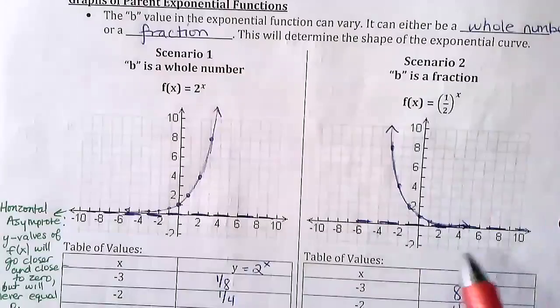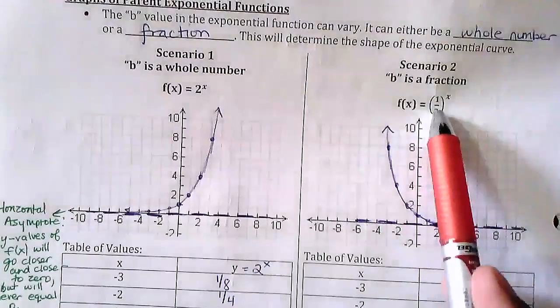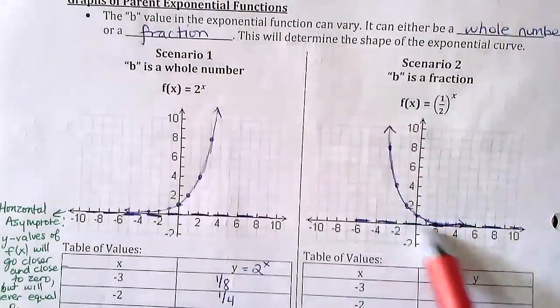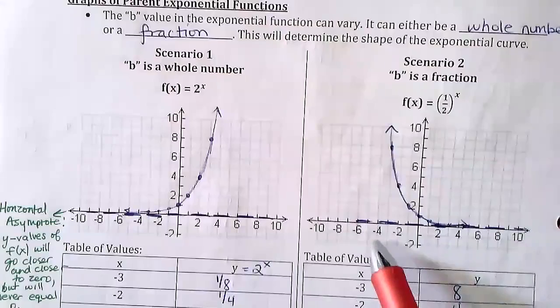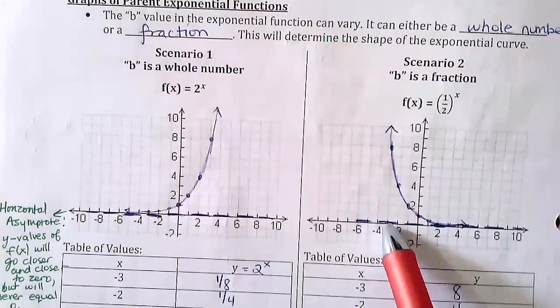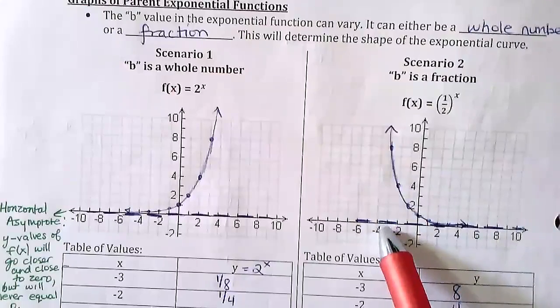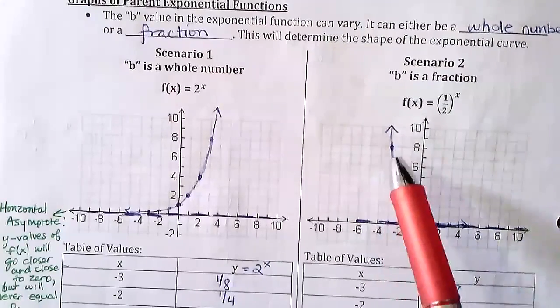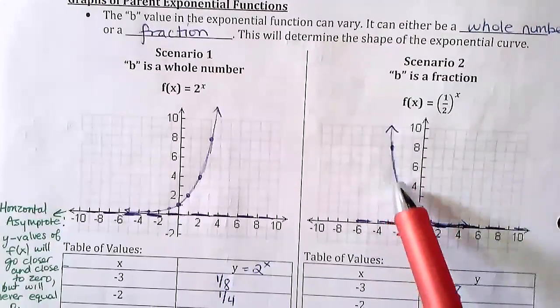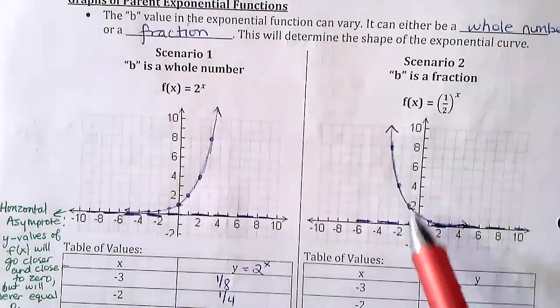Similarly, this would represent exponential decay because, again, the b value is a fraction, which means it's always decreasing. And so we see kind of a similar pattern, but the opposite. So each time I increase the x value by 1, so when I go from here, where x is -3, versus here when x is -2, we see that the y value drops by half.